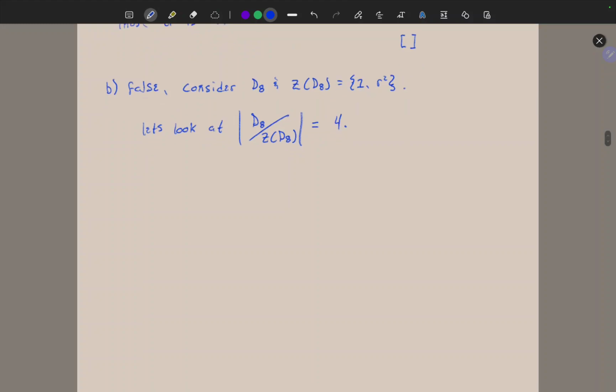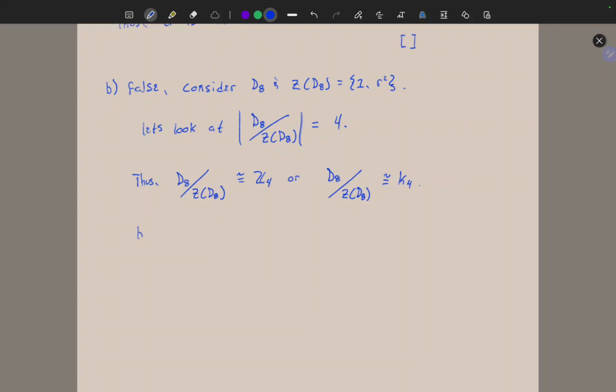And that's going to be important because up to isomorphism, there are only 2 groups of order 4. We have the integers mod 4 and then the Klein 4 group. So it's going to have to be that this quotient group is isomorphic to one or the other. So let's go ahead and write that out. So thus, this quotient group here is isomorphic to the integers mod 4, or it's isomorphic to the Klein 4 group, which we are going to denote as K4.